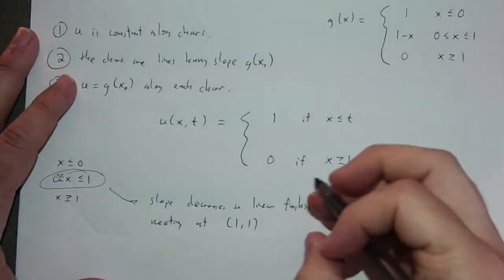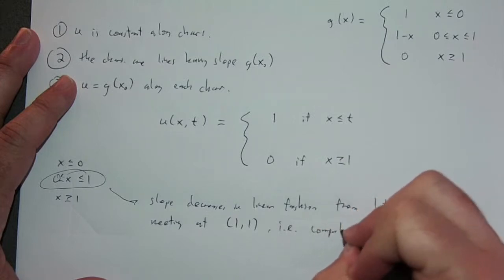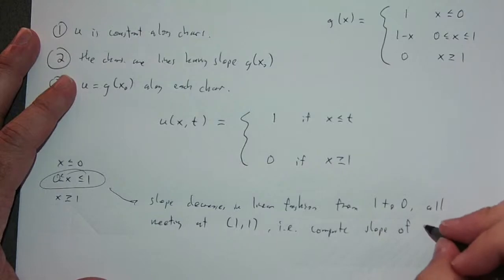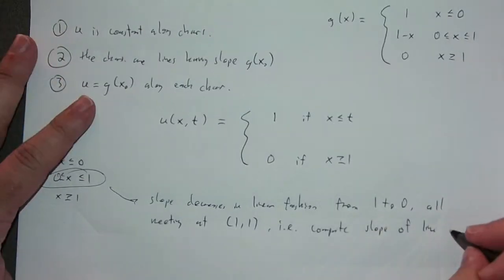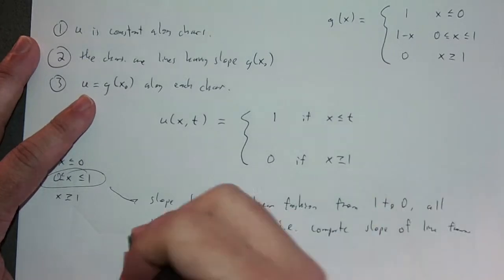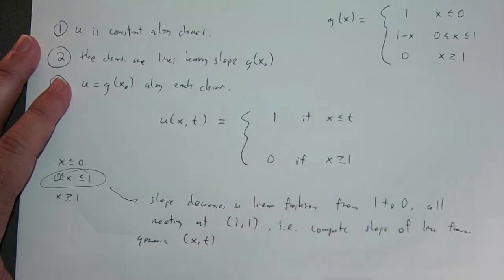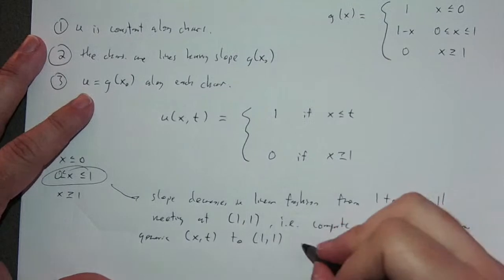So, i.e., compute the slope of the line from generic x,t to 1, 1 with respect to t.